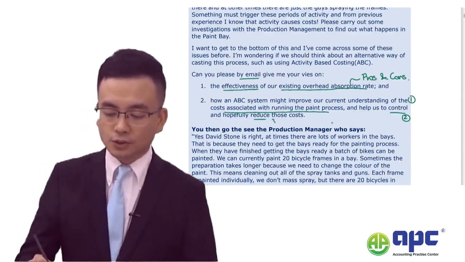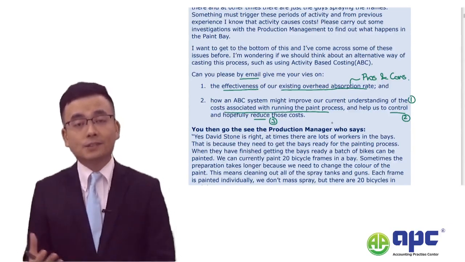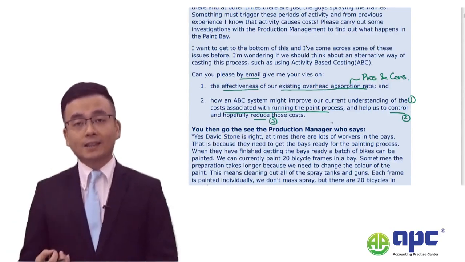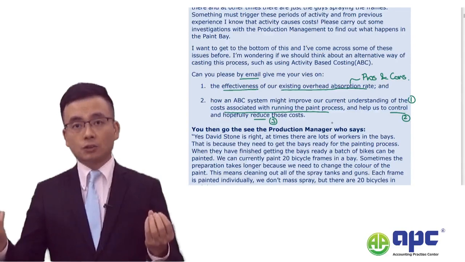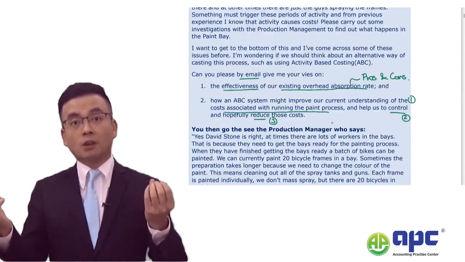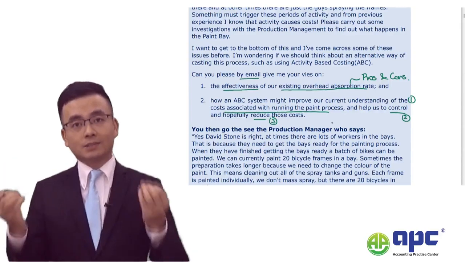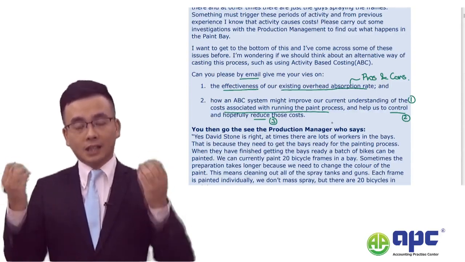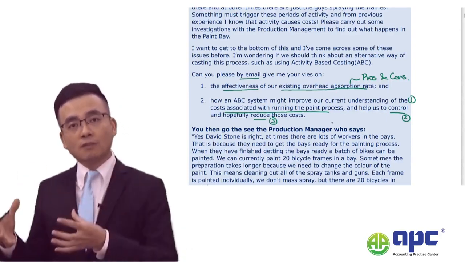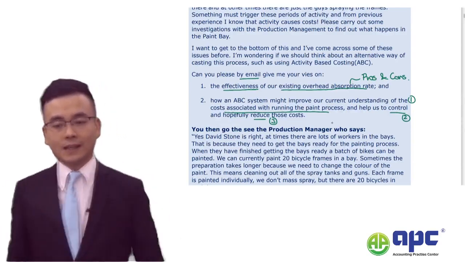Whether or not you can reduce those costs. Number three, it really depends. By using ABC, you can better link the activity with the cost. You can establish the relationship between them, which is known as cost driver. So in the long term, you can understand costs better. So you can understand what sort of activities are value added and non-value adding. So you get rid of the non-value added activities in the end.